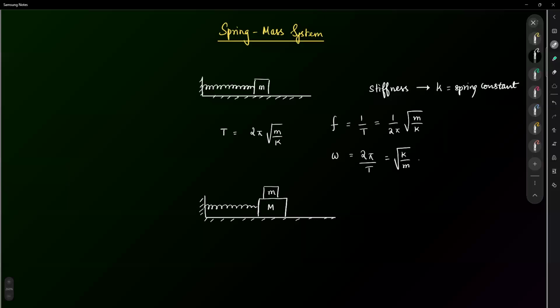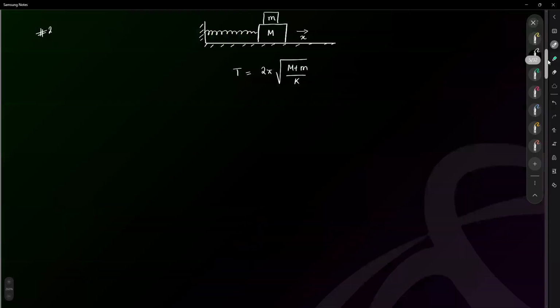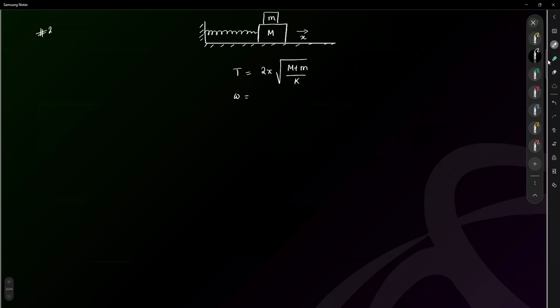So, if the system is slightly displaced by x, then the time period of SHM for this, this is our second case, this is our first case, will be equal to 2 pi root over of (M plus m) by k. Next, the angular frequency of this SHM will be equal to root over of k by (capital M plus small m).